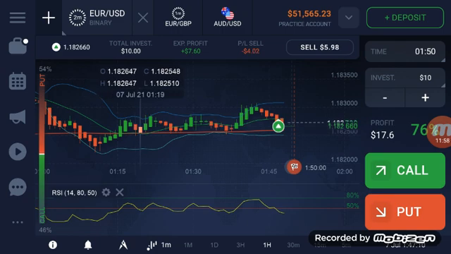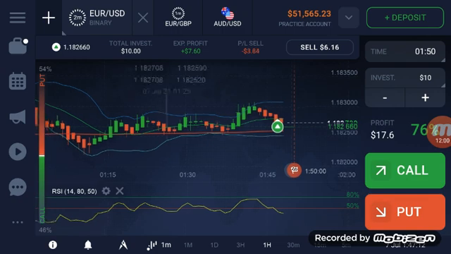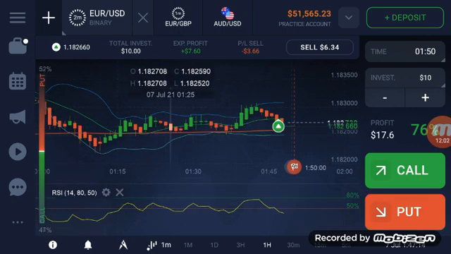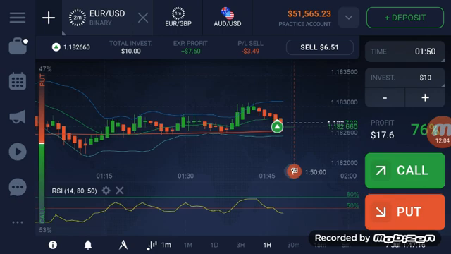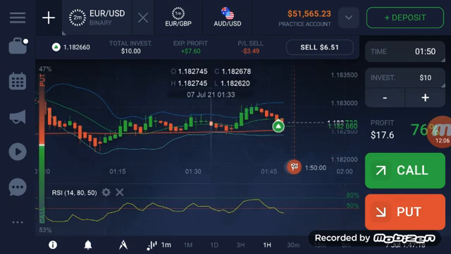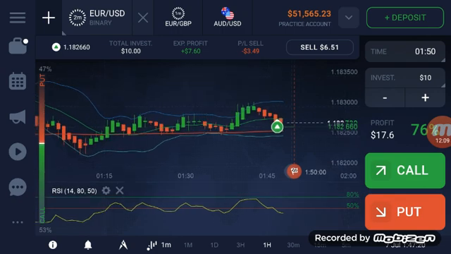It dipped under the 50 there, and there, and there. It didn't go under the 50 that much. So you see, I put my trade up, and it's already gone over it.